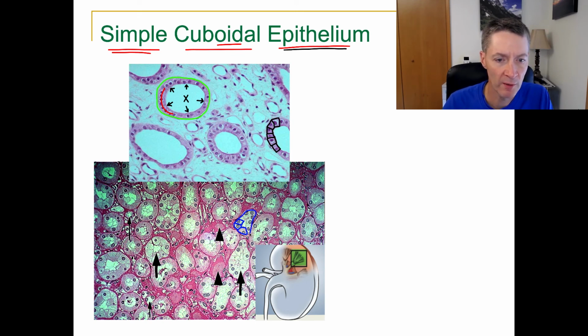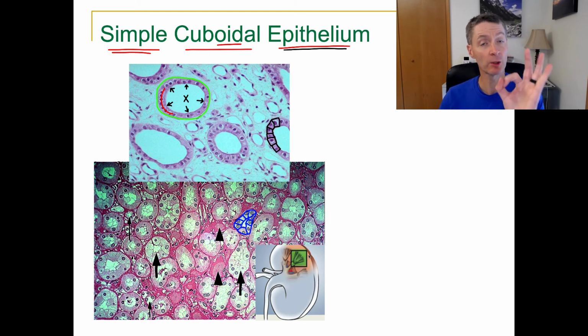So if you see a ring like this of roughly cuboidal cells, it's probably simple cuboidal, and these rings are very common in the kidney, all right? So these actually make up rings in the kidney tissue. These are actually little tubes, just like I was mentioning, like a paper towel roll. These are little tubes. So if you imagine, again, this is a two-dimensional image, right? This is like a tube.